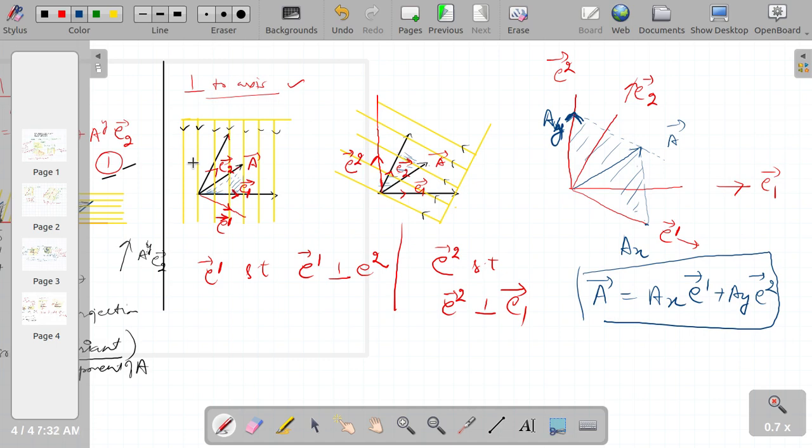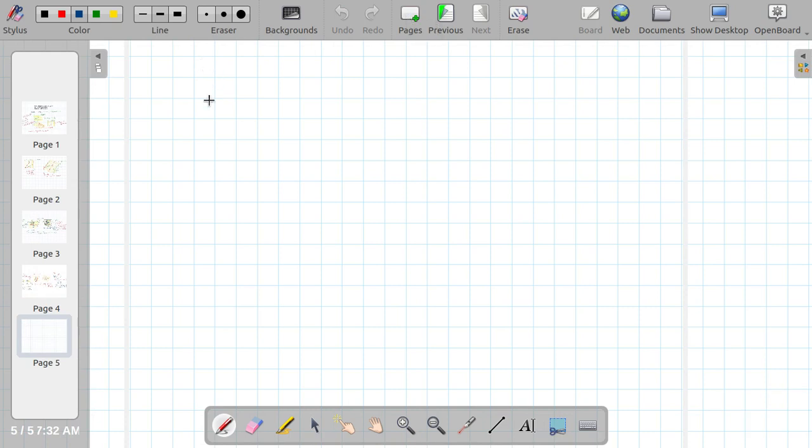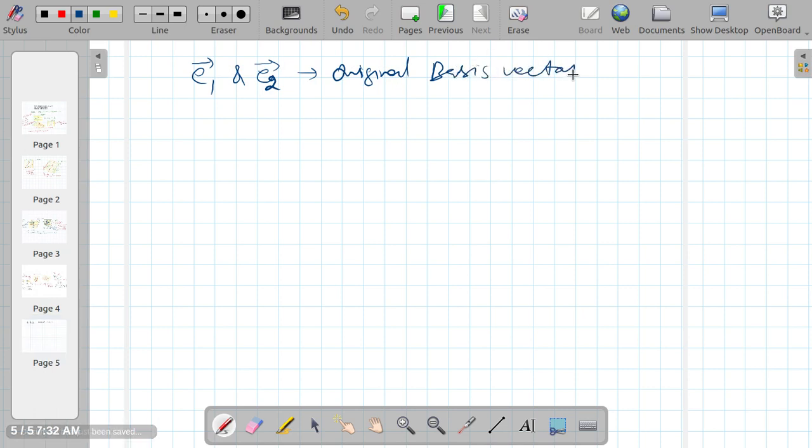Now we encounter a new terminology. What is that terminology? We are now defining a new alternate set of basis vectors. Let me recall that E1 and E2 are the original basis vectors in the parallel projection.